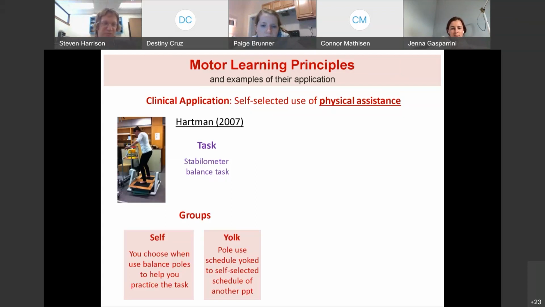We're going to have a self group and a yoke group. In the self group, you as the patient can choose when to use balance poles. So basically, you're able to hold poles that will be in contact with the ground, that are going to allow you to further stabilize your balance.